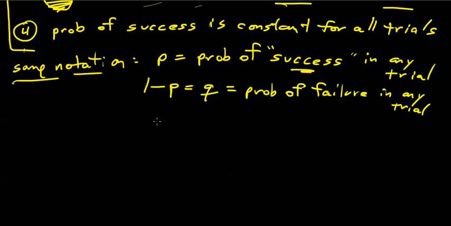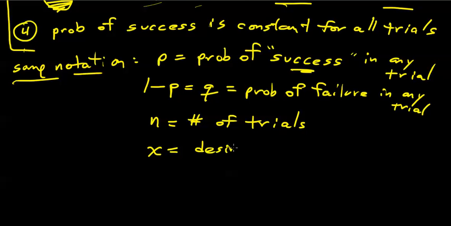Okay. Little n is going to be our number of trials. If you're worried about 20 girls in 30 births, then you're talking about 30 trials, 30 births that you're wondering the gender of, boy or girl, right? X is going to be the desired number of successes, and again, that label of success is somewhat arbitrary, in n trials.